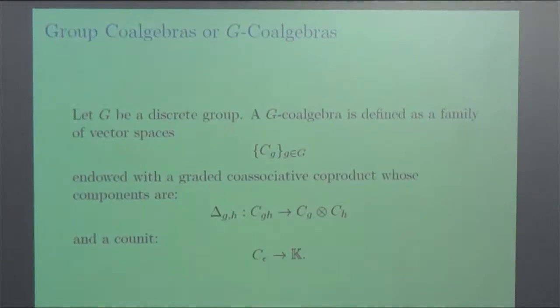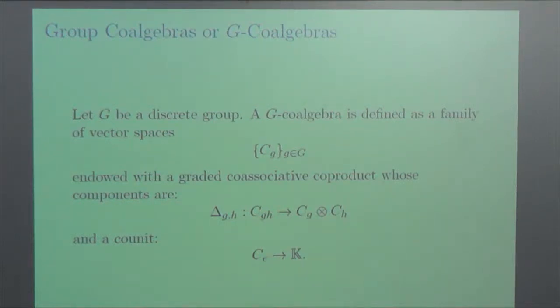Okay. So now we take a group. It's a discrete group. It doesn't have to be finite, but it's a discrete group. What is a G coalgebra? So it's a family of vector spaces indexed by your group, and you have a graded co-associative coproduct. Okay, so for each component of your object, you have these maps delta GH, and they are co-associative in a natural way too.